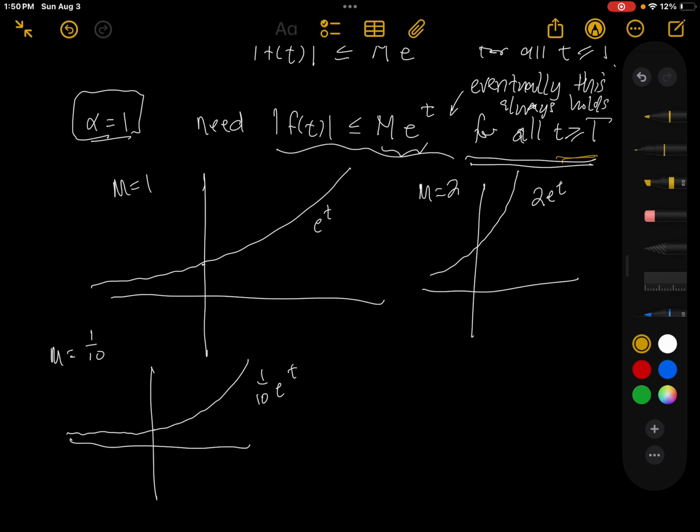So for instance, your absolute value of f of t could be something like this. If this is your f of t, it would be of exponential order 1. Why?